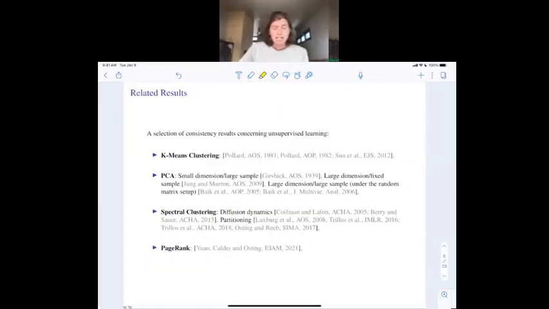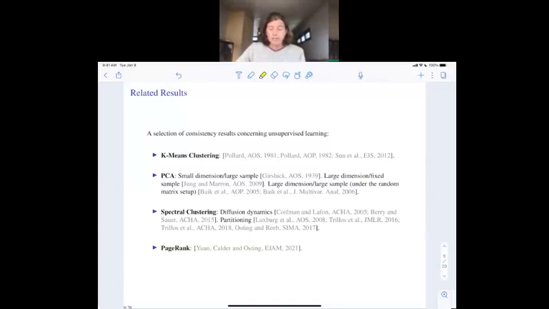The consistency result that everyone has learned is that the sample mean converges to the population mean as the number of points goes to infinity. This is what the law of large numbers tells you, right? So that's an example of a consistency result, but there are consistency results for a lot of different methods in statistics, and some for unsupervised learning methods.